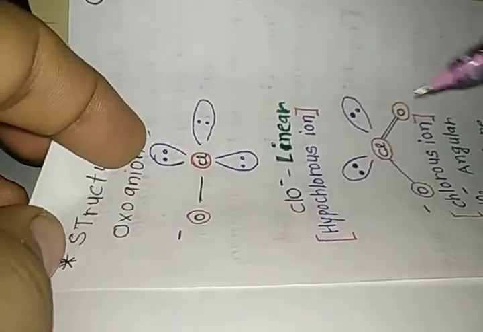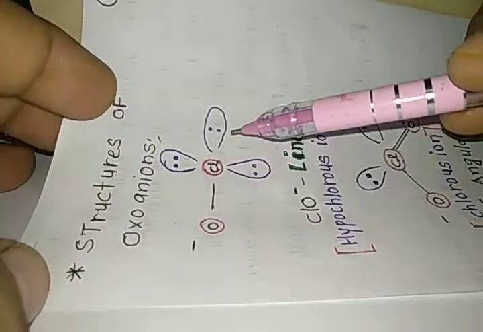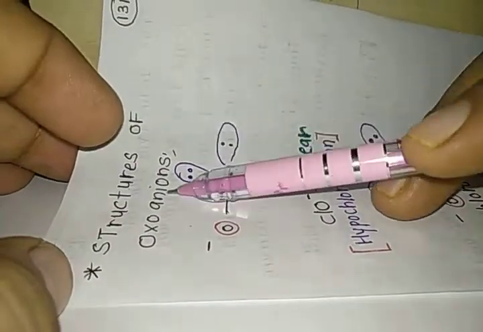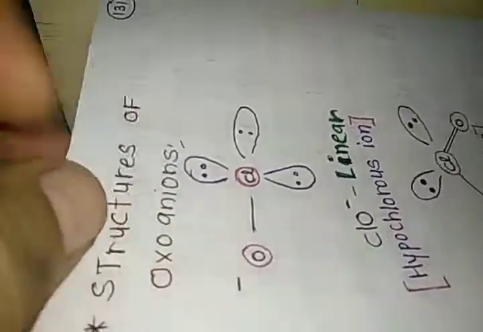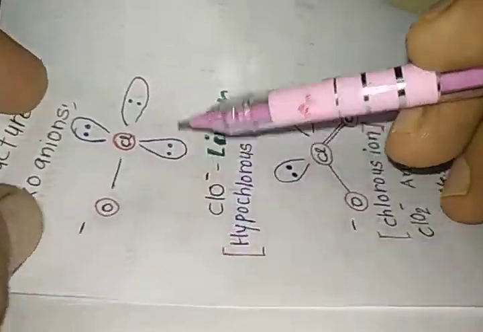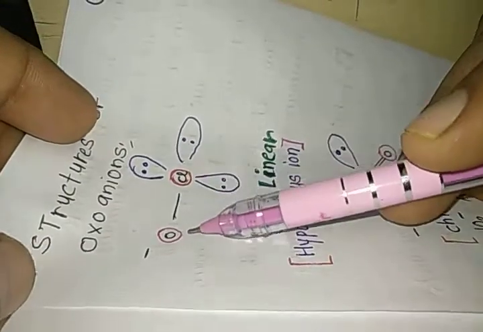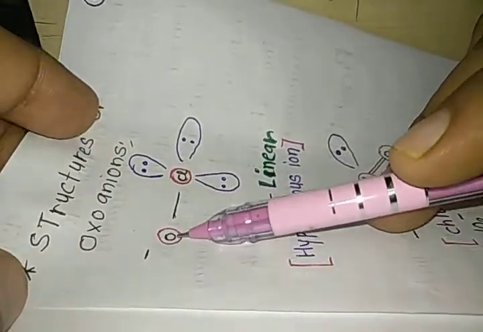Let us understand the structure in a little more detail. You can see the structures of the oxoions we are going to study. We will study the structures by removing the hydrogen from the acid. First we have the hypochlorite ion, ClO minus. So Cl and O minus, H is removed, so O is minus.